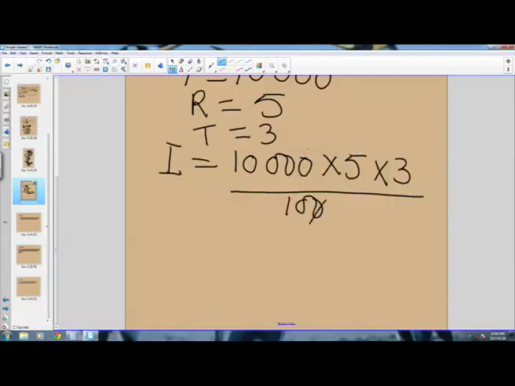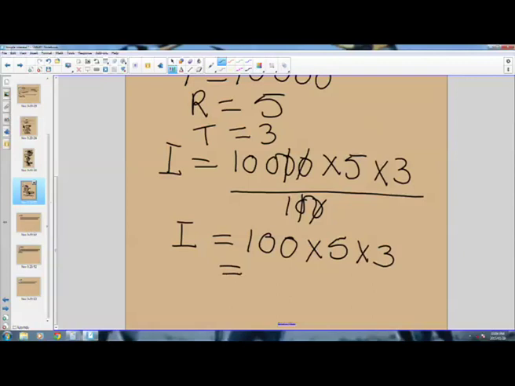Cancelling the zeros, we are remaining with 100 times 5 times 3. So the interest will be 100 times 5 times 3. This gives you 100 times 15.